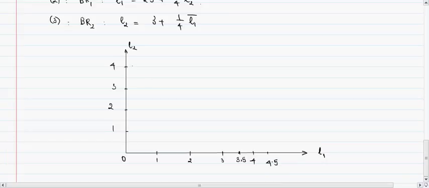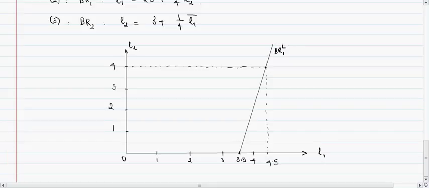I need 2 points in order to connect the line together. I already have 1 point on the horizontal and another point is going to be here. I just have to connect these two points, and I'll get the best response function for player 1 of a low type.